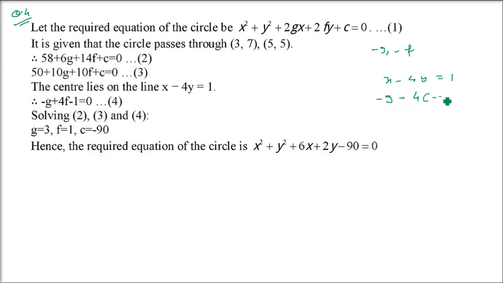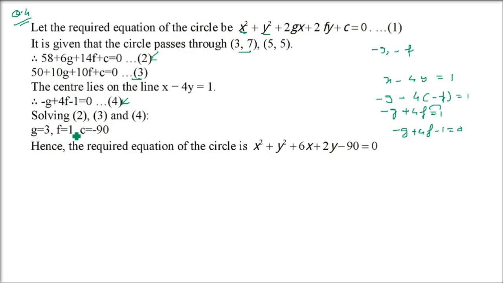In place of x you put minus g, in place of y you put minus f. So minus g plus 4f, take 1 here, and this is the equation in g and f. Take 2 and 3, try to find the equation in g and f, solve the 2 linear equations in 2 variables. g and f and c will come and put it in equation number 1.